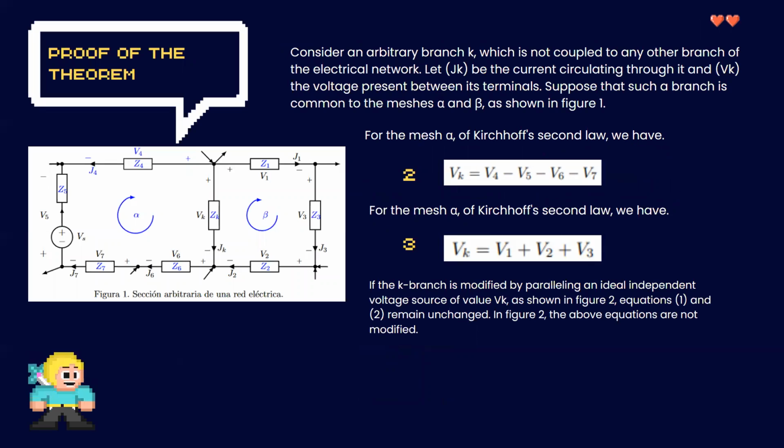Proof of the theorem. Consider an arbitrary branch K which is not coupled to any other branch of the electrical network. Let Jk be the current circulating through it and Vk the voltage present between its terminals.